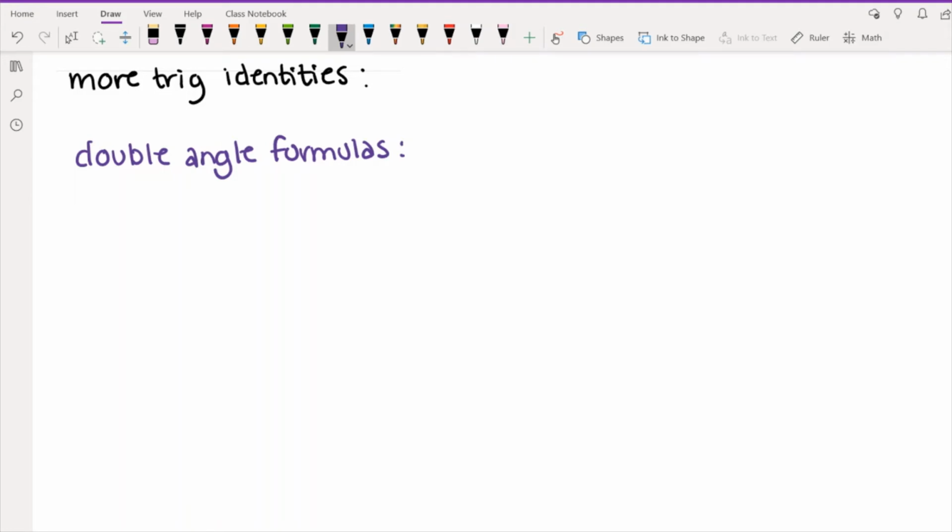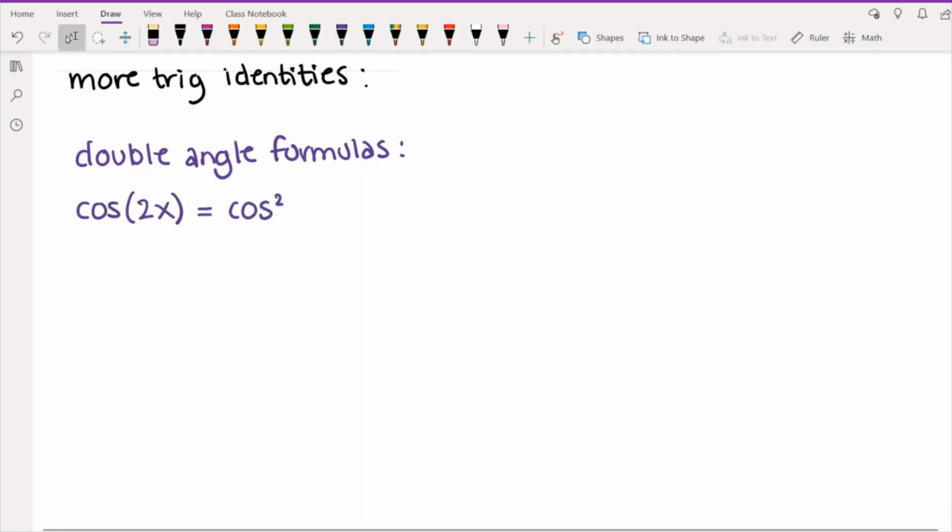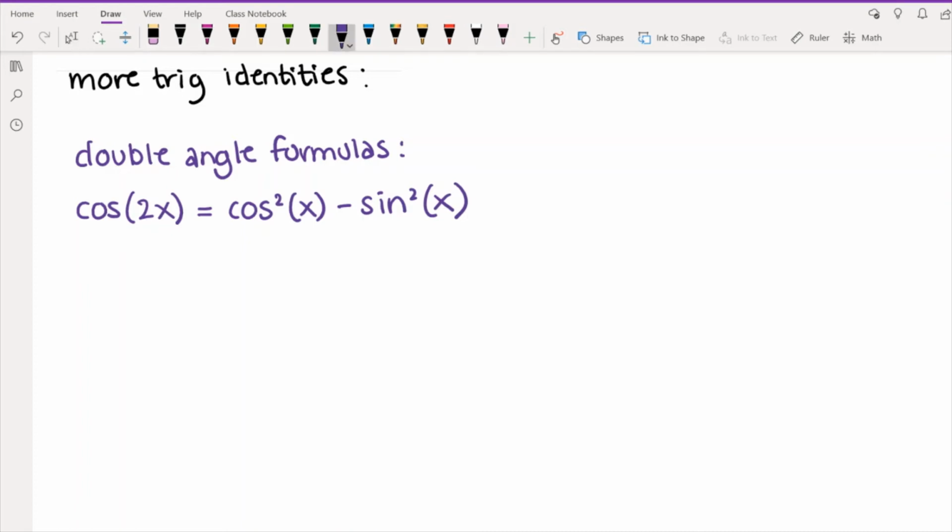So the double angle formula for cosine says that cosine of 2x is equal to cosine squared of x minus sine squared of x. And from this formula, we can actually get a couple of other ones. So I just want to show you the other ones that will basically derive from this.